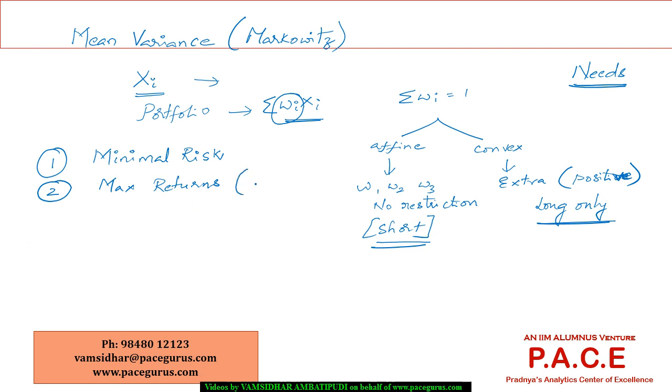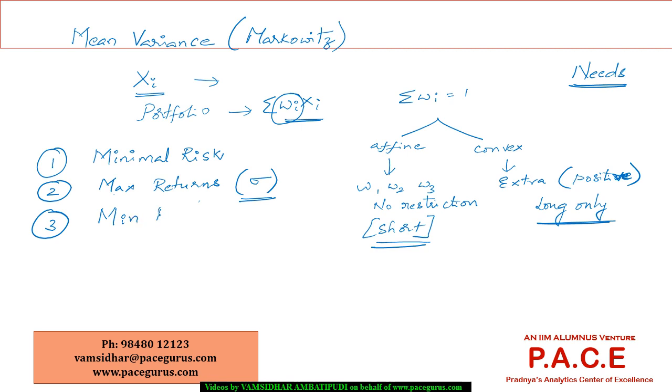Or probably in some cases people may define some level of risk, and for that given level of risk they want the maximum possible return. So that could also be one of the objectives which might be solved through this optimization solution. Sometimes there is a combination.